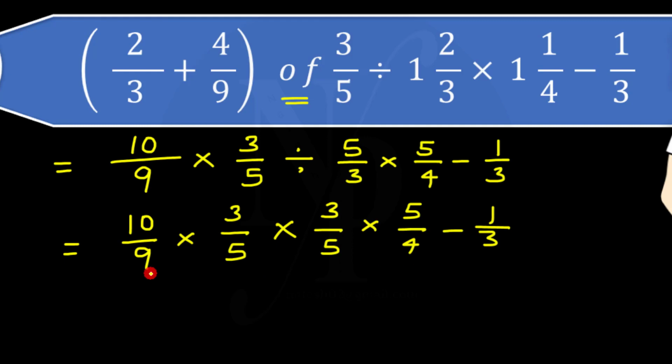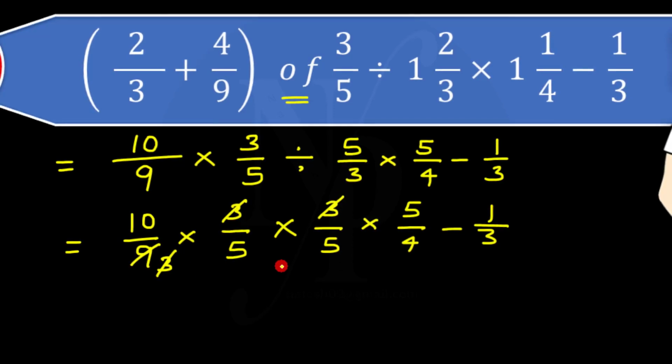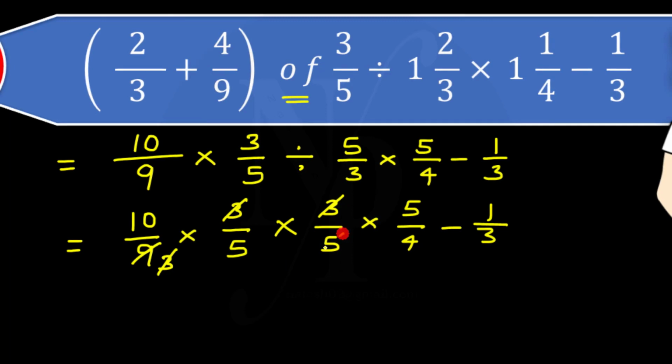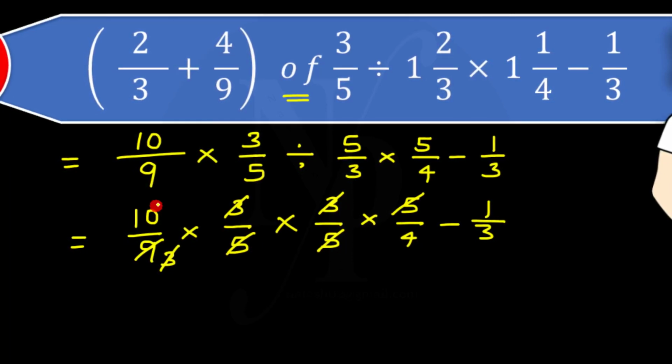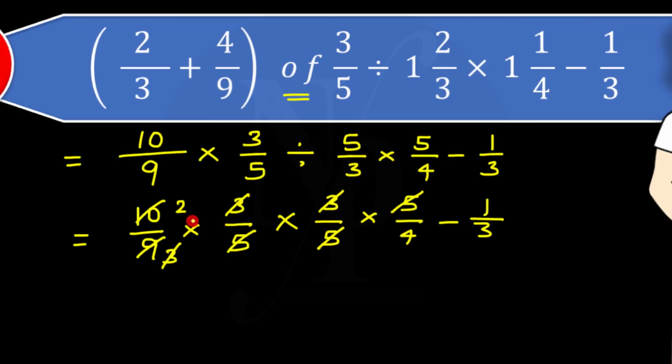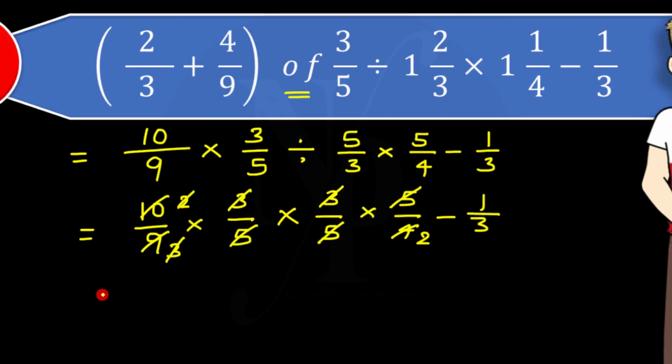Next we should perform multiplication. So looking here, we can divide this 9 by 3 here. So 3 ones are 3, 3 3s are 9. So this 3 and this 3 may be cancelled. And here this 5 and 5 may be cancelled. So here 5 ones are 5, 5 2s are 10, and 2 ones are 2, 2 2s are 4.